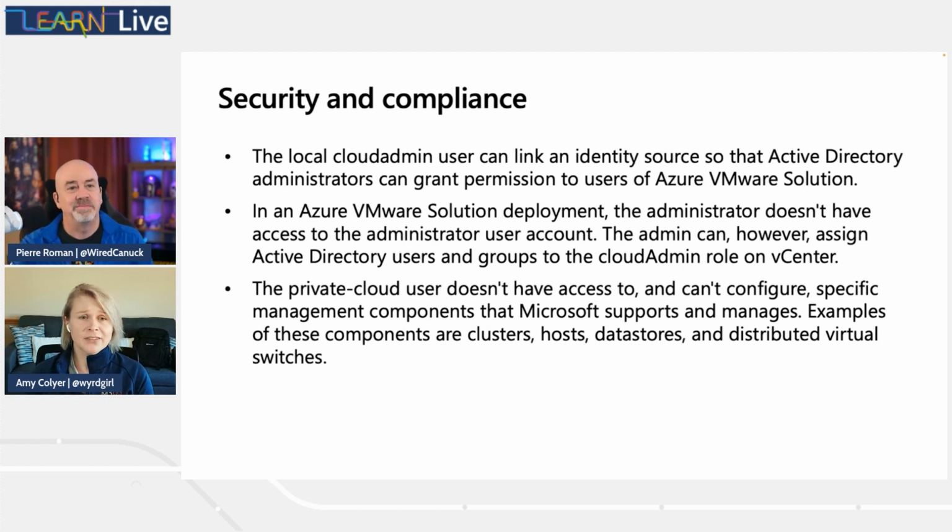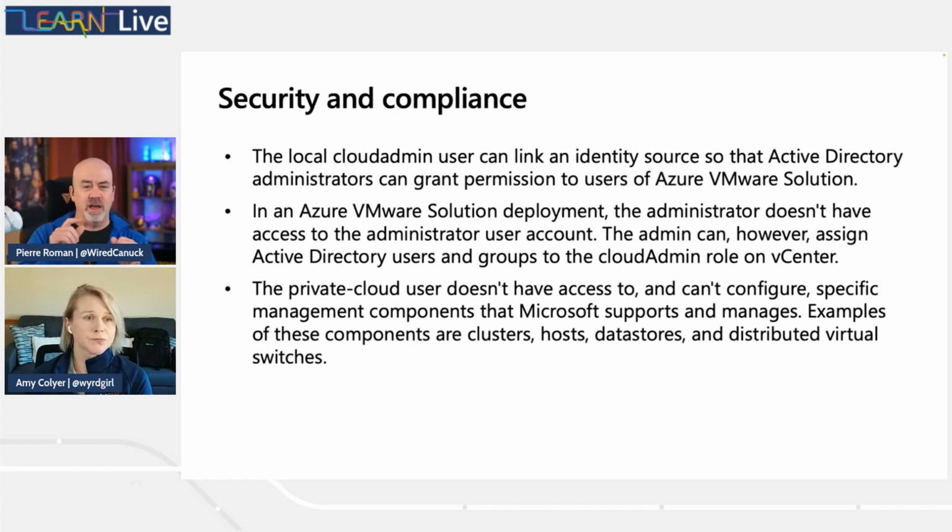Because in AVS, the administrator doesn't have access to the administrator user account, but they can assign users and groups to the cloud admin role on vCenter in order to do things, because with that local cloud admin user you can't modify the distributed switches or the hosts. I mean, again, we have everything locked down for you. So you would grant permissions through Azure Active Directory.